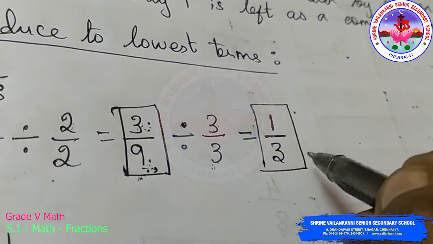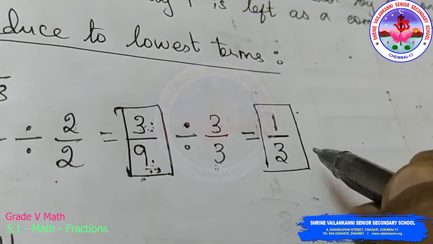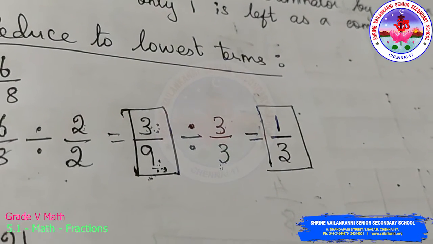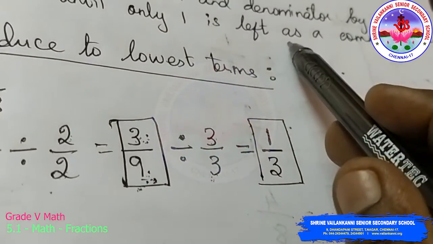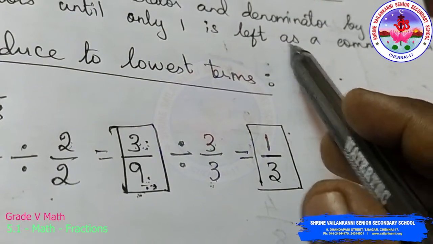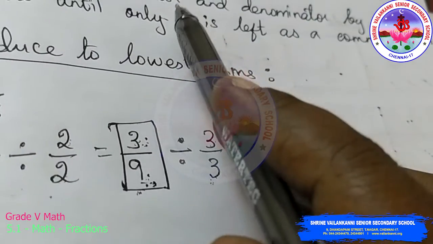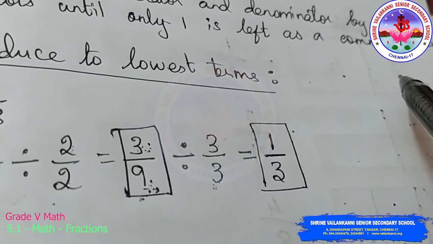Okay, so now you can check whether you have a common factor or not. That is, you have to check till you reach 1 as the common factor. As I have written here, divide the numerator and denominator by the common factor until only 1 is left as a common factor.